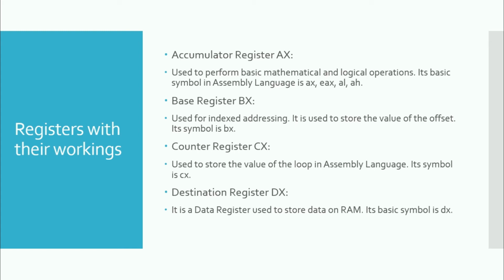It is used to store data on RAM. Its basic symbols are DX, EDX. All the basic general purpose register symbols depend upon the size of the variable that we initialize during our assembly language programming.